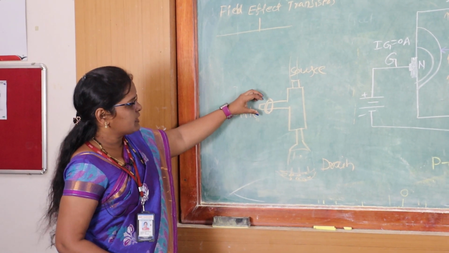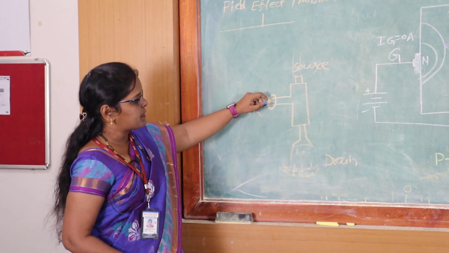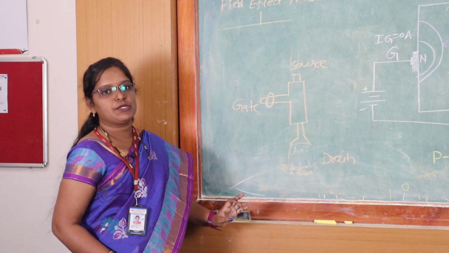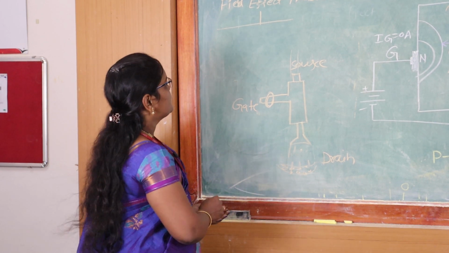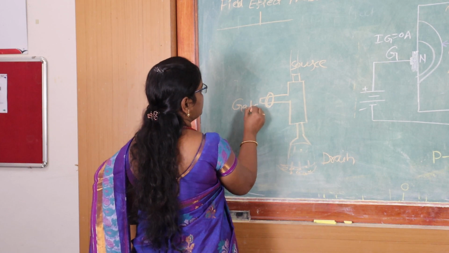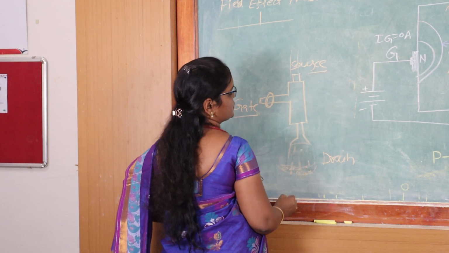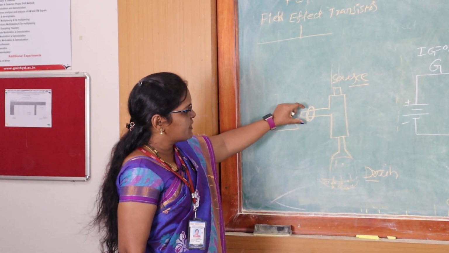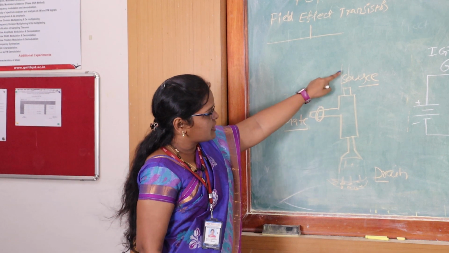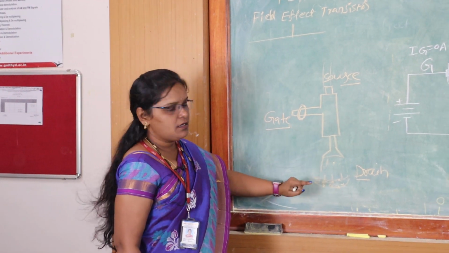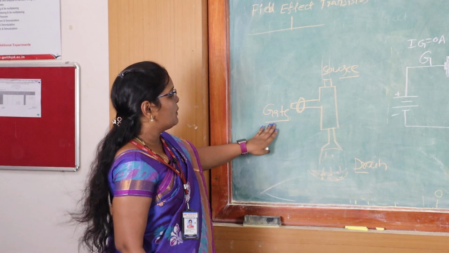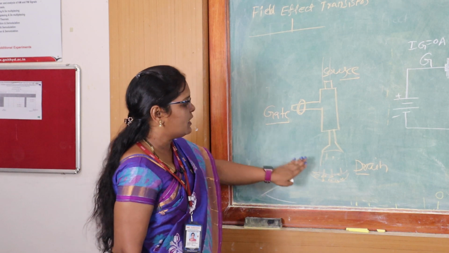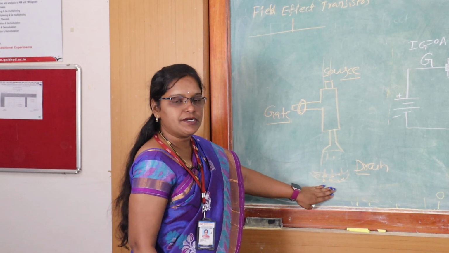The pressure we can control here. Whenever we control this pressure, the flow of water will be controlled. As we know, field effect transistors have three terminals: one is gate, another is source and the third terminal is drain. The knob we are controlling here controls the water flow pressure at the output. Similarly, the voltage we apply at the gate terminal controls the output current, which is called drain current.